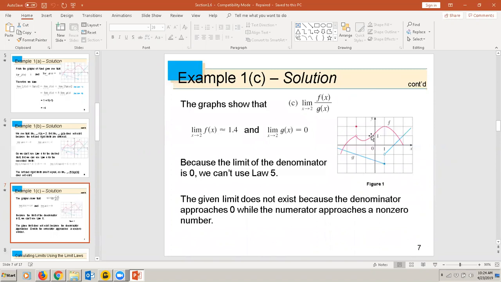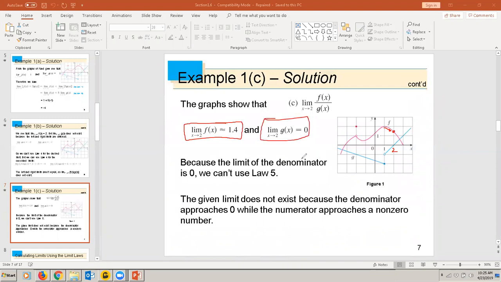So it looks like the limit as x approaches 2, we draw this on the diagram. Here's x equal 2, and as I'm approaching x equal 2, the y value here is a little hard to read from the graph, but I'm going to assume the y value is about 1.4 there. What's the limit for g of x as x approaches 2?